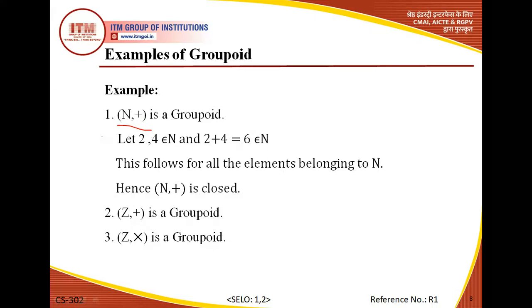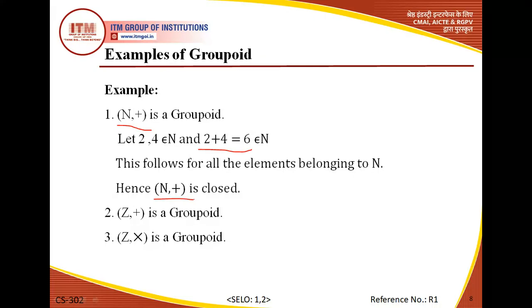Hence (N, +) is a groupoid. We have taken an example also over here. So 2 plus 4 is equal to 6, which lies in the set of natural numbers only. This follows for all the elements, not just for this. It follows for all the elements that belong to the set of natural numbers. Hence this is closed. Hence we would say this is a groupoid. So we have proved this to be a groupoid.